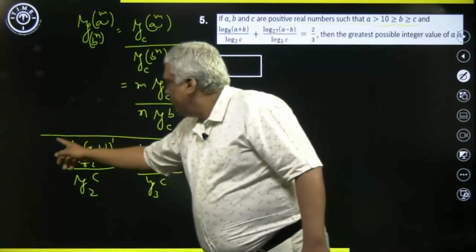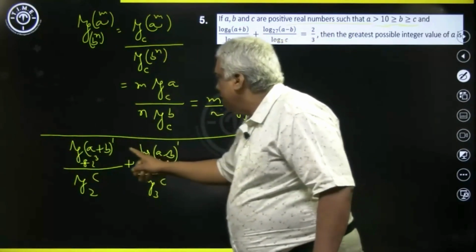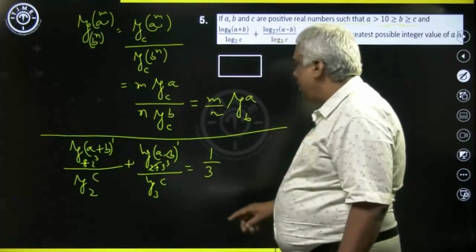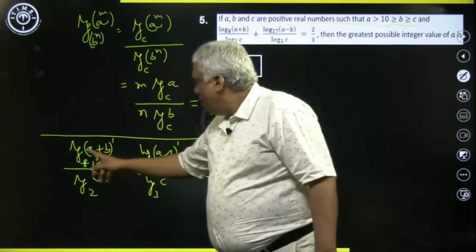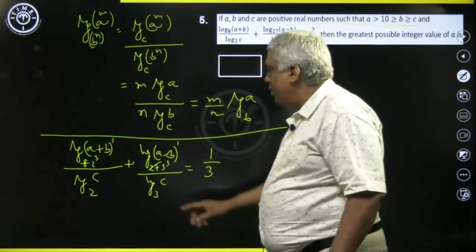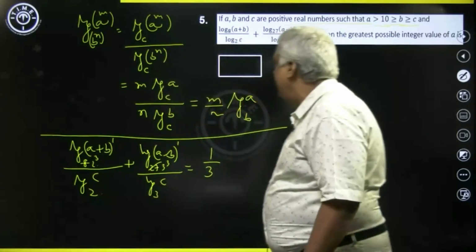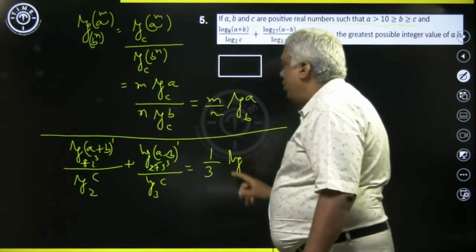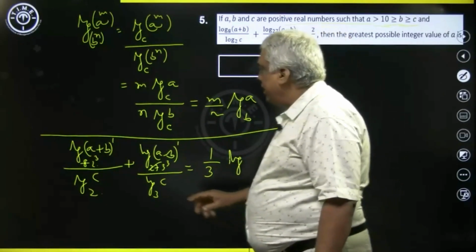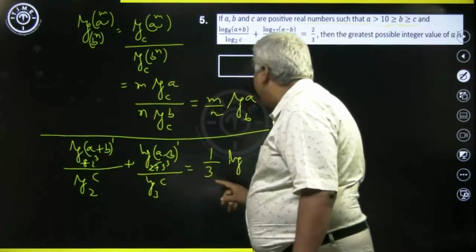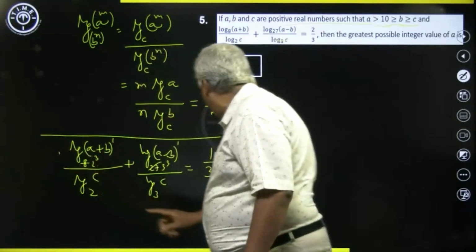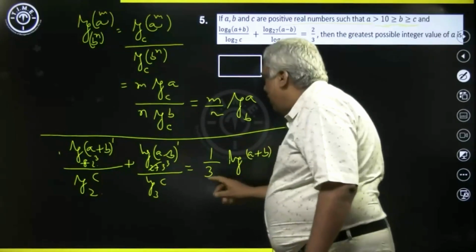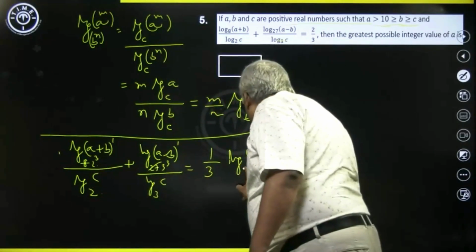So this 1 will go here, so it will be 1 by 3, and it will become log of a plus b to the base 2.